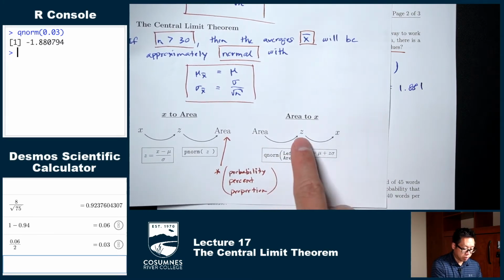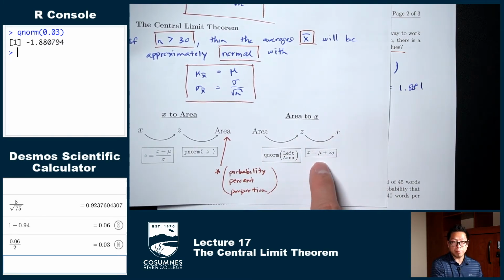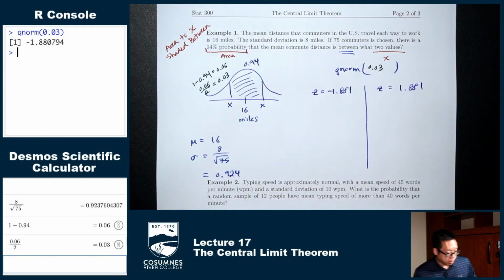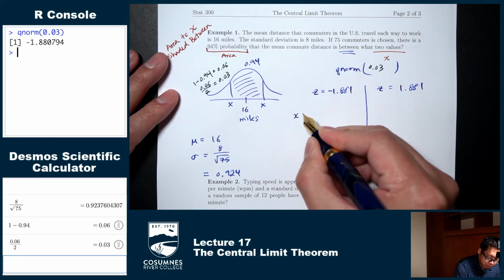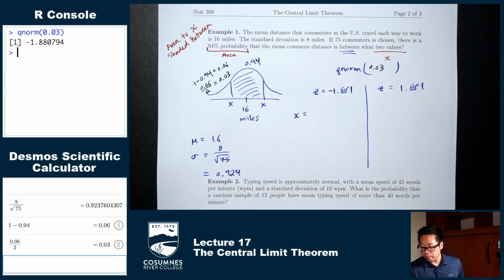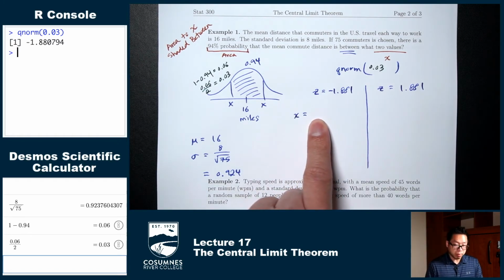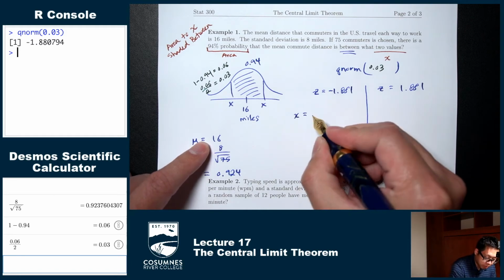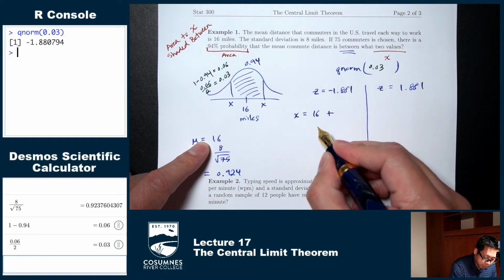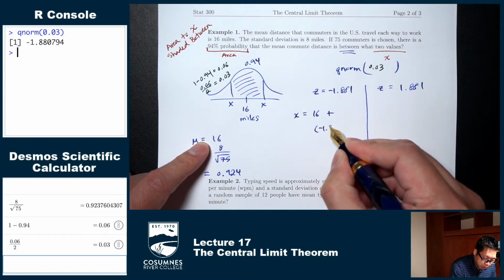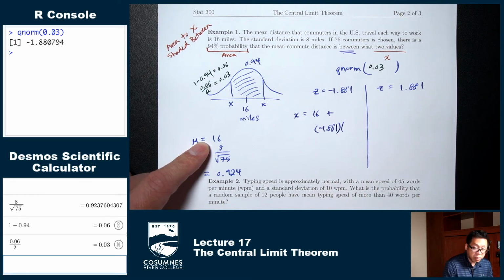Next step is to go from Z to X using the X formula. We're going to do the X formula for both of these Z's. The formula says X equals mu, the mean. The mean is 16, plus Z times the standard deviation. So plus negative 1.881 times the standard deviation.